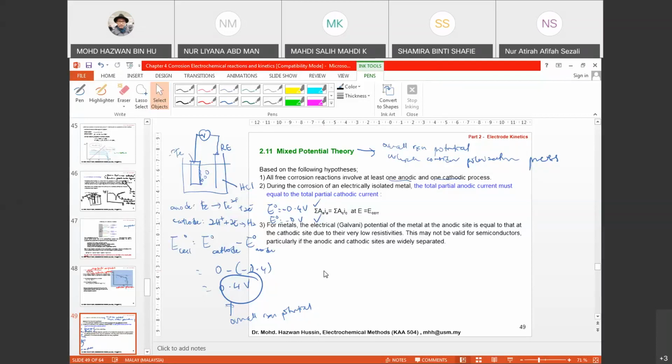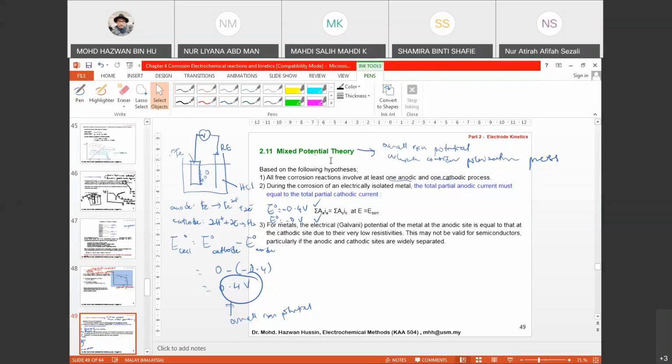And for metals, the electrical potential at the anodic side is equal to that at the cathodic side due to the very low resistivity. This may not be valid for semiconductors, particularly if the anode and cathode sides are widely separated.